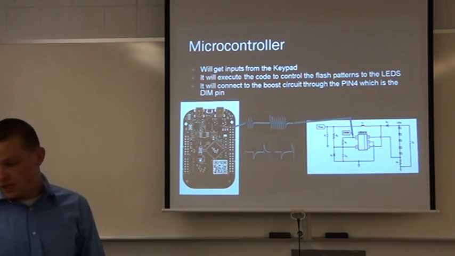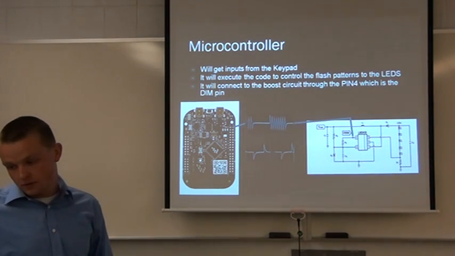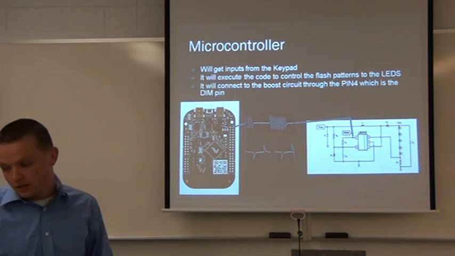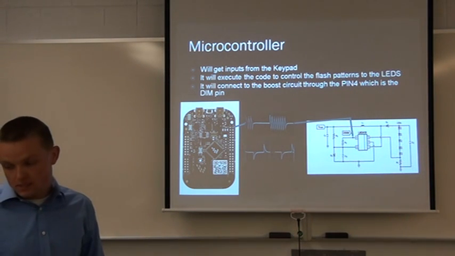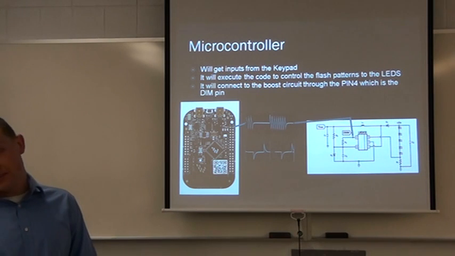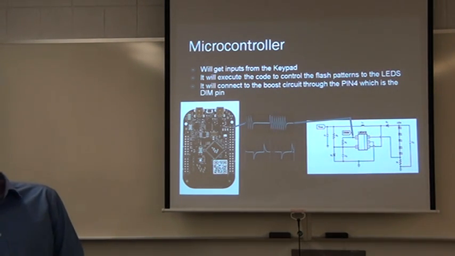I am using the microcontroller, the Freedom Board KL25Z, to produce the flash patterns for the LEDs. I have 2 simulated flash patterns, kind of hard to see on the board, but one has a very fast strobe light pattern.